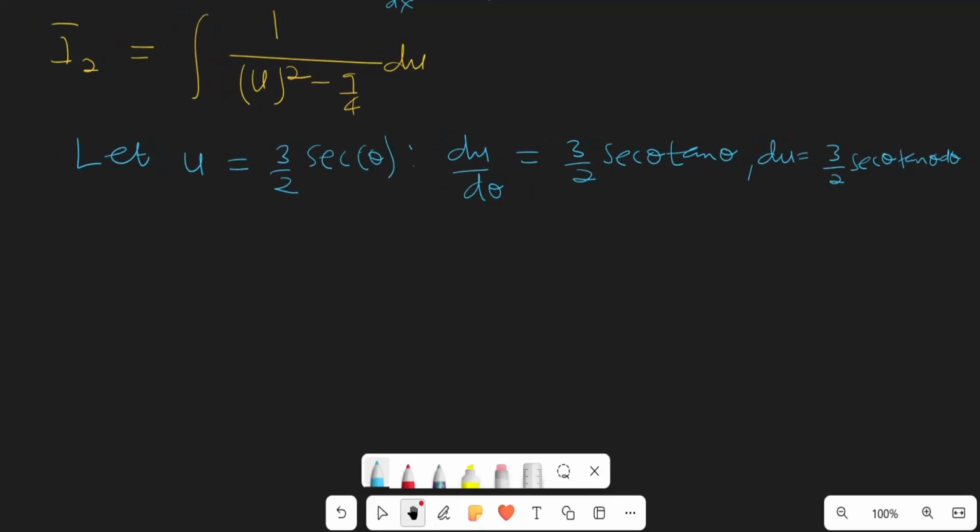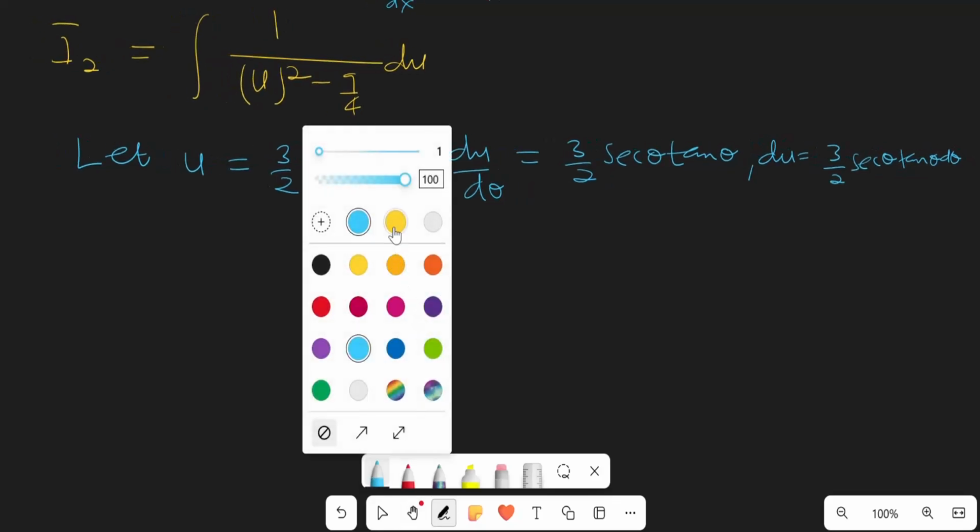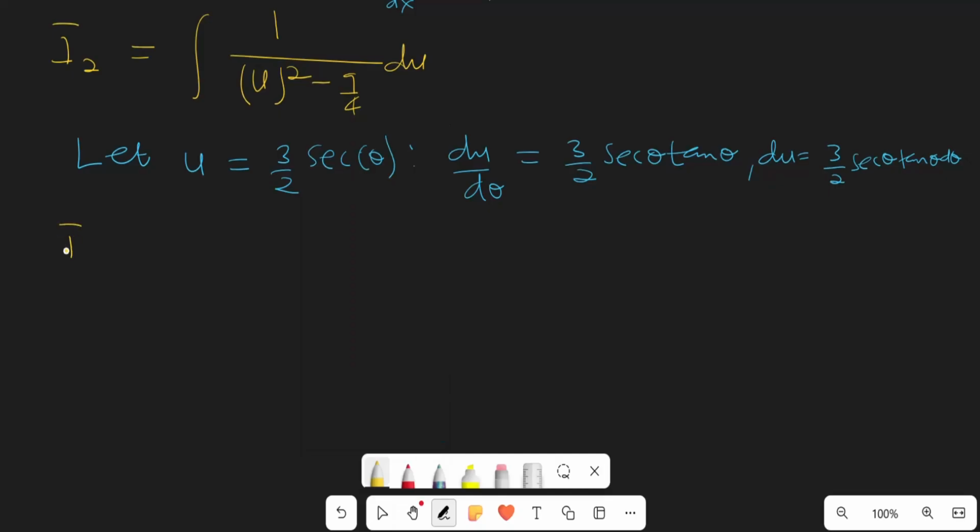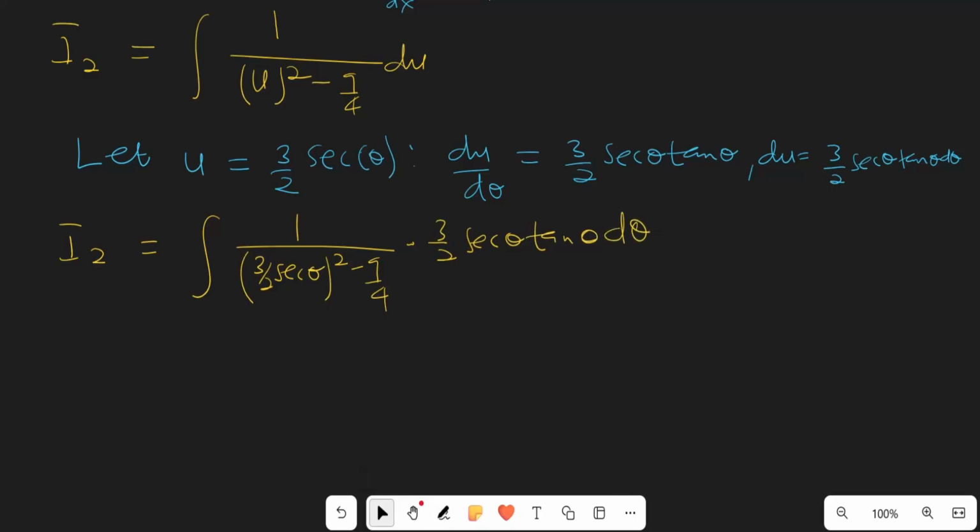So we can plug everything in and take everything from the u world into the theta world. I2 is equal to the integral of 1 over u squared, where u is 3/2 secant theta all squared, minus 9/4 du. And du is 3/2 secant theta tangent theta d theta.